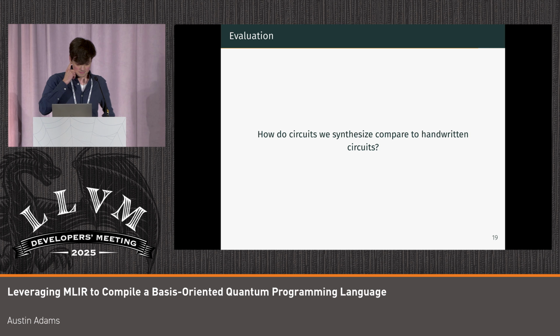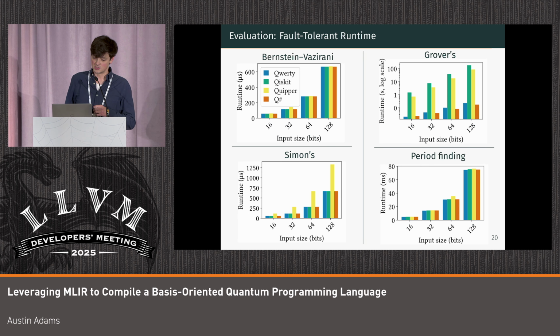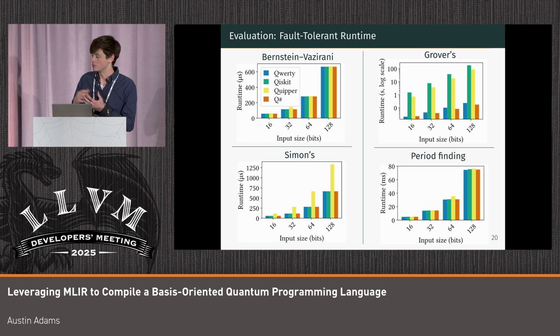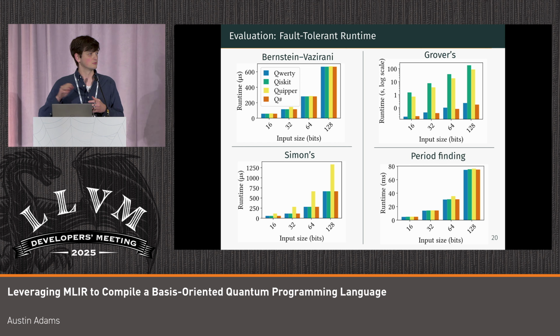Okay, so now the question is, how good of a job is this synthesis we're doing really, compared to writing circuits by hand? What I've got here is 4 textbook quantum algorithms implemented in Qwerty as well as 3 common circuit-oriented languages. I've run those through the respective compilers for different numbers of qubits, so the x-axis here is the number of qubits.